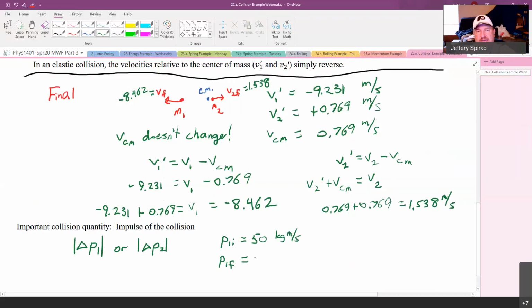mass, which was 5 kilograms, times the velocity, which is negative 8.462. P1 final is M1 times V1 final, negative 42.3.